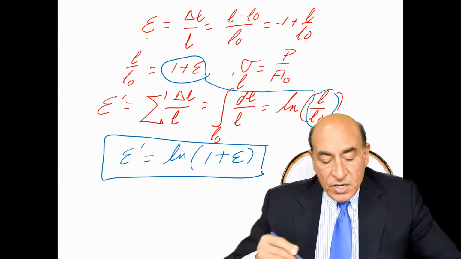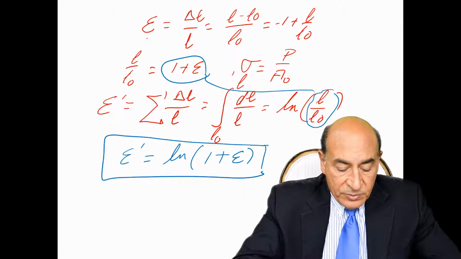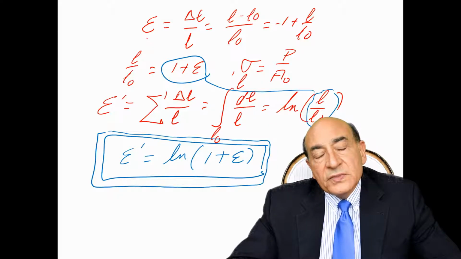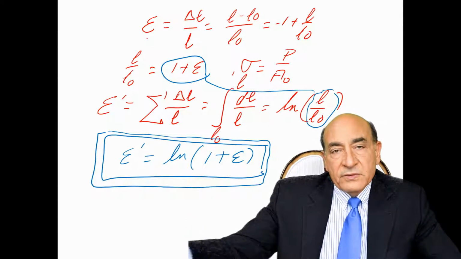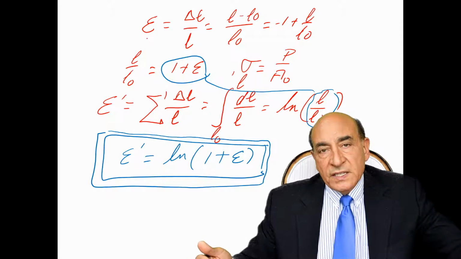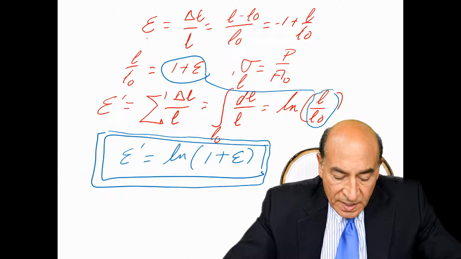So with this equation, given epsilon, I can immediately find epsilon prime. In other words, I can convert the engineering strain to a true strain via this relationship.